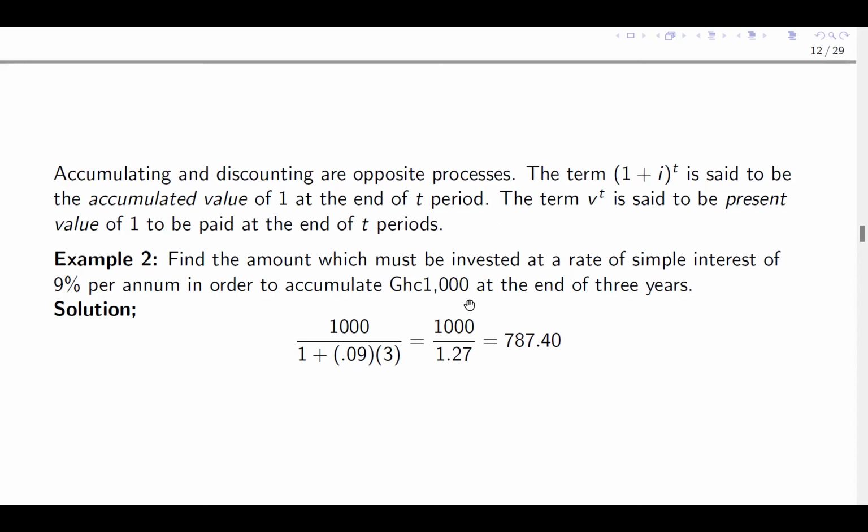I would like to illustrate this. So we have our i to be equal to 9%.